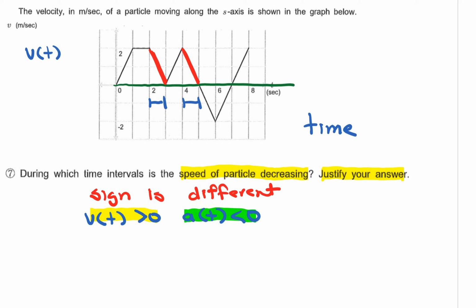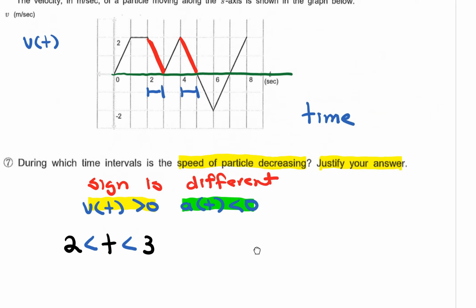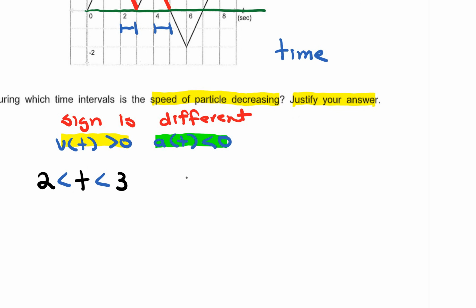So how do we write that? Between 2 and 3, well, we'll put the 2 over here, we'll put the 3 over there, we'll put the t in the middle, and it's always going to be less than. And we also have a time between 4 and 5 seconds. So how do I write that? Let's put a 4 here, a 5 there, a time in the middle, and the signs are always going in that direction.